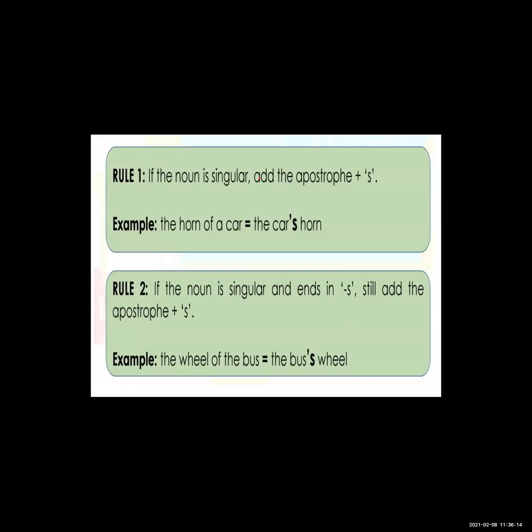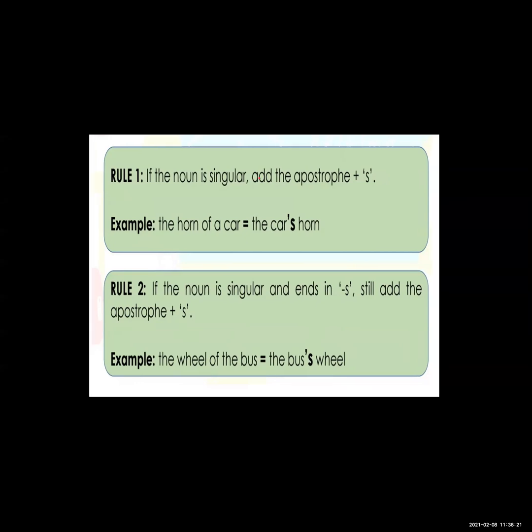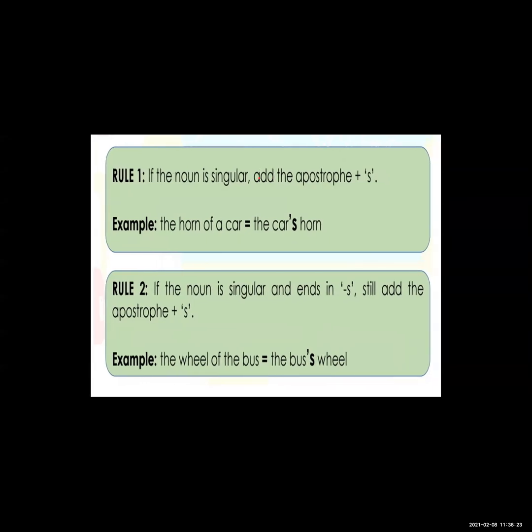If the noun is singular, add apostrophe plus s. If the noun is singular and ends with s, also add apostrophe plus s. Here we are talking about singular nouns. If the noun is singular but also ends with s, at that time also you have to write apostrophe plus s.